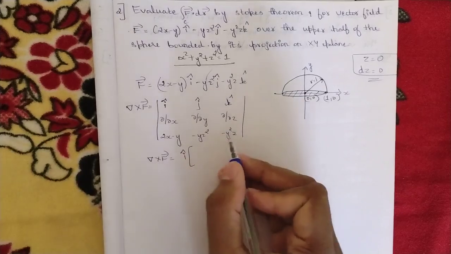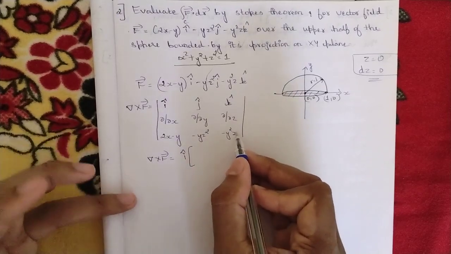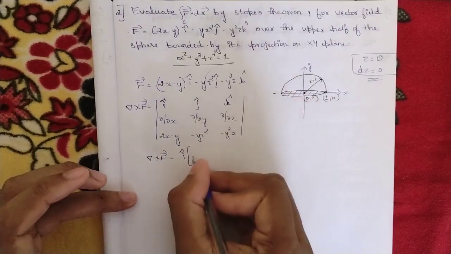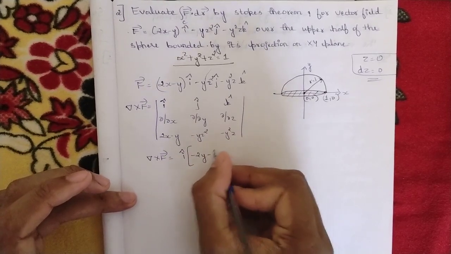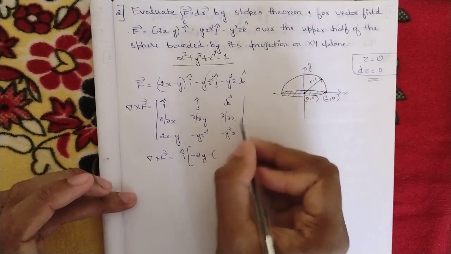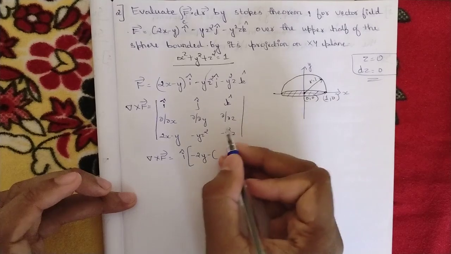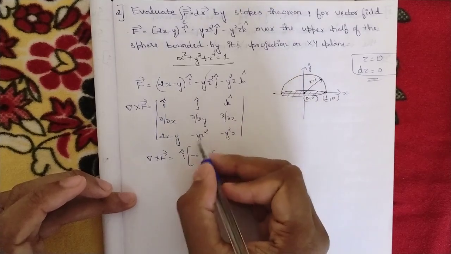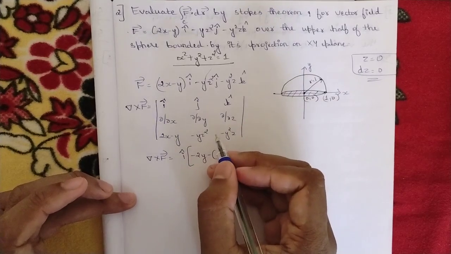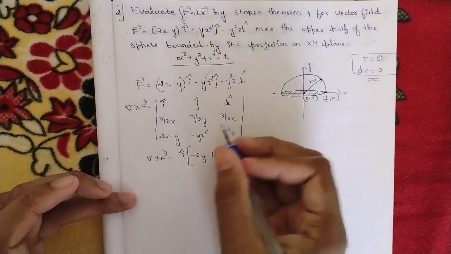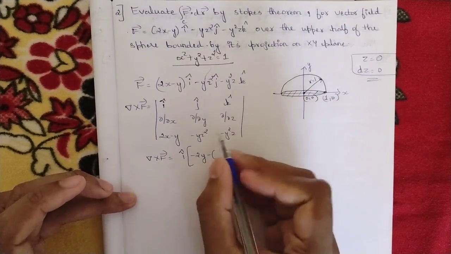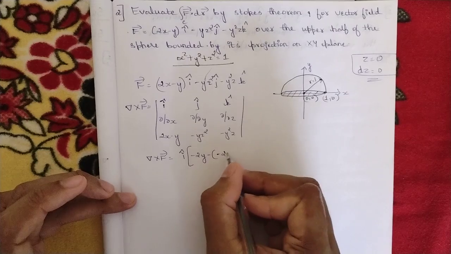So partially differentiate this term with respect to y. z is constant, so differentiation of minus y square is minus 2y. Minus of, here we have dou by dou z with this term, so minus y is constant, and z square differentiation is 2z, so minus 2yz.